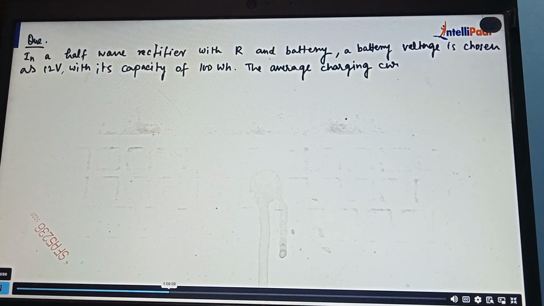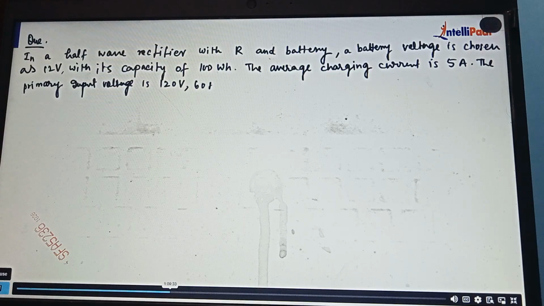Average charging current is 5 ampere. The primary input voltage is 120 volt, 60 hertz.